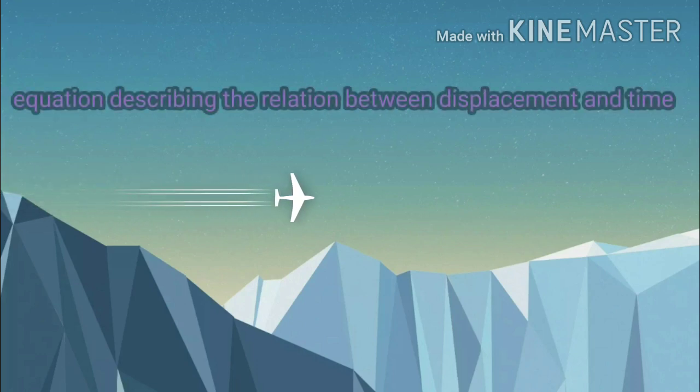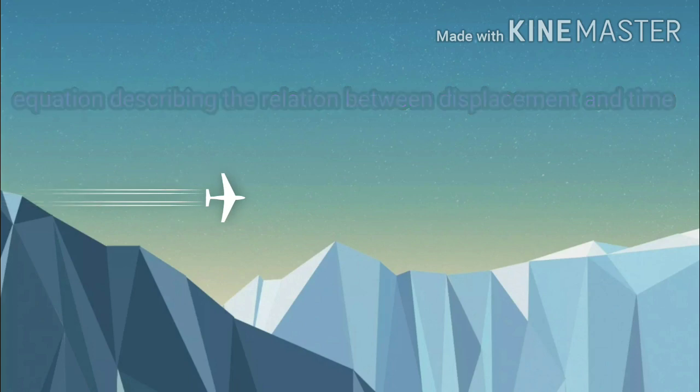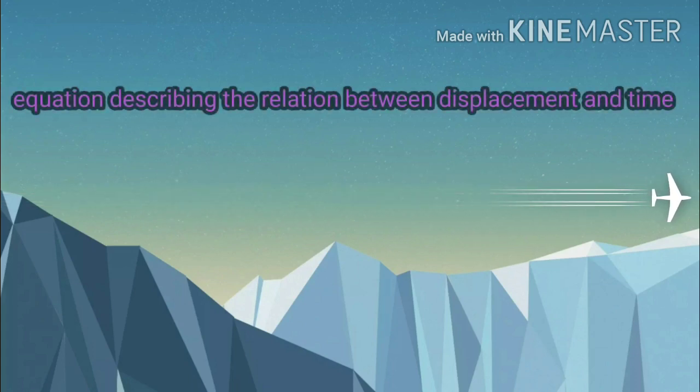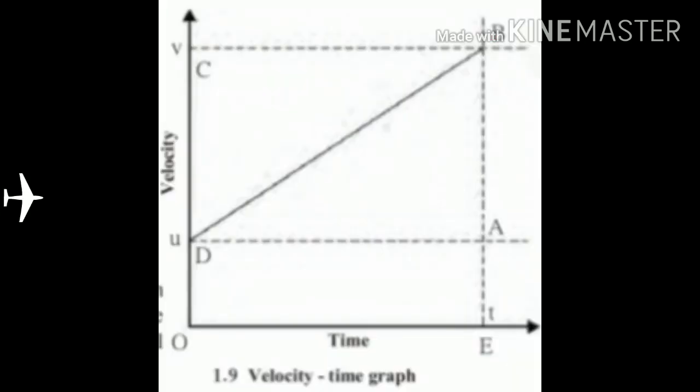Next concept is the equation describing the relation between displacement and time. Let us suppose that an object has uniform acceleration a and it has covered the distance s within time t, from the graph in figure 1.9.